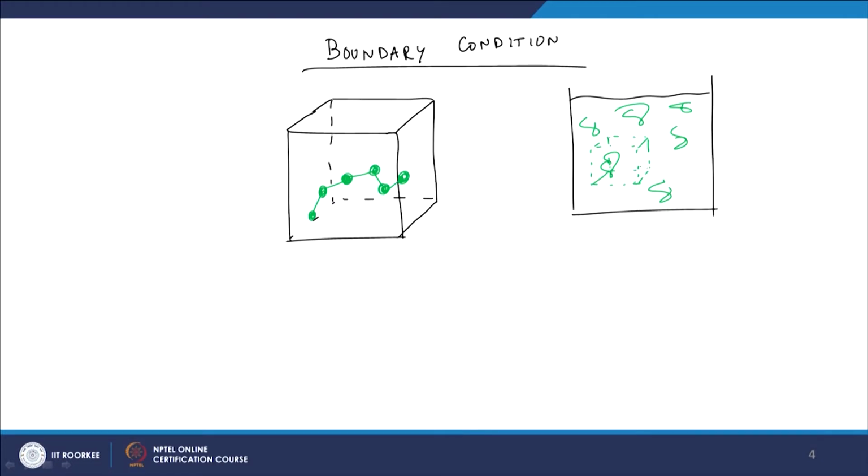So in fact, if you look at this particular volume or any volume within the beaker, it will not be that only one single chain will be confined there. It can be that that polymer chain moves away and some other chain present in the system comes into that volume.